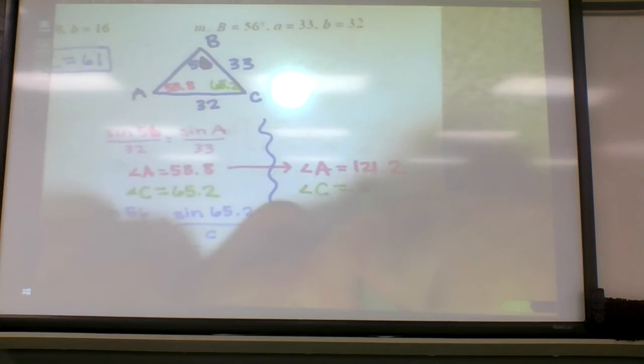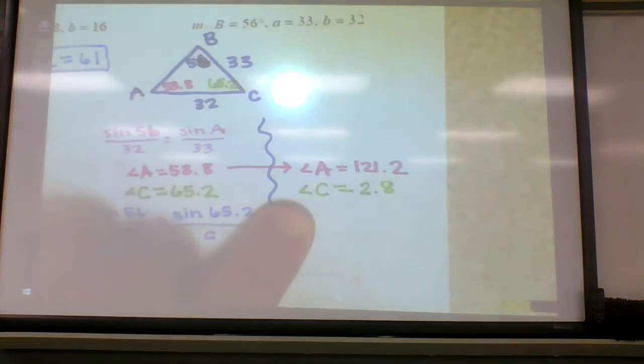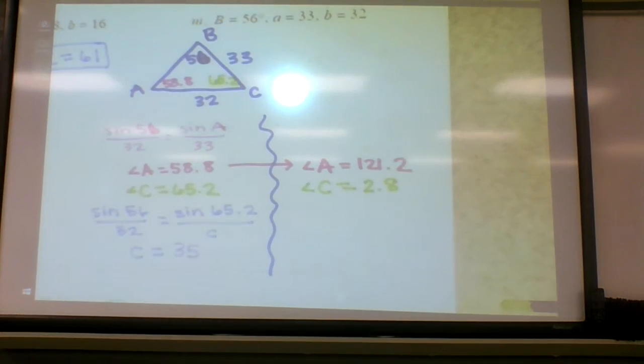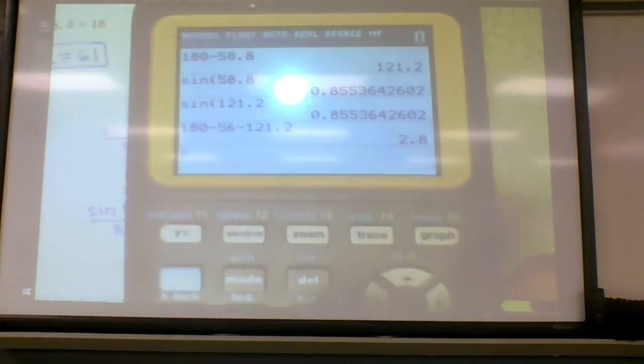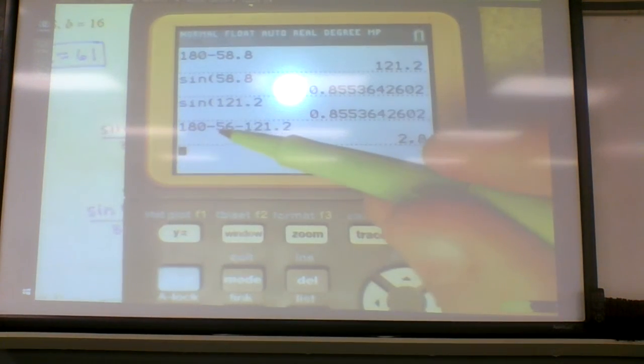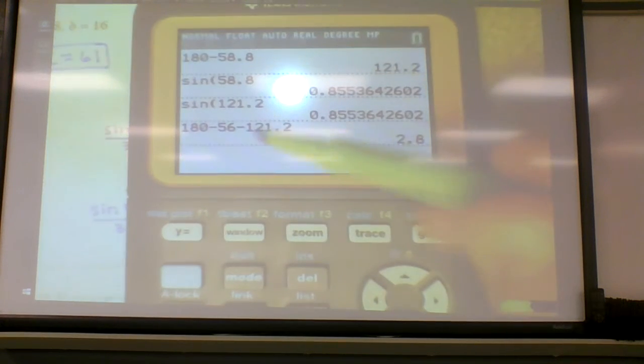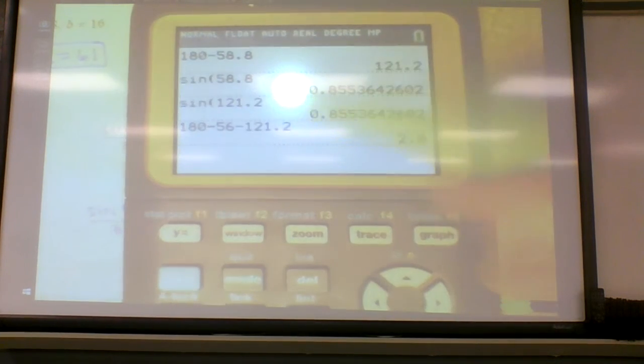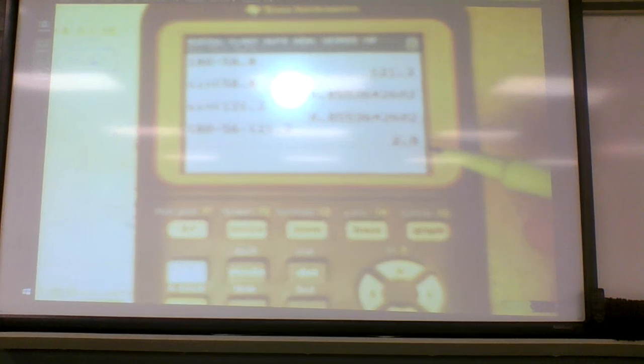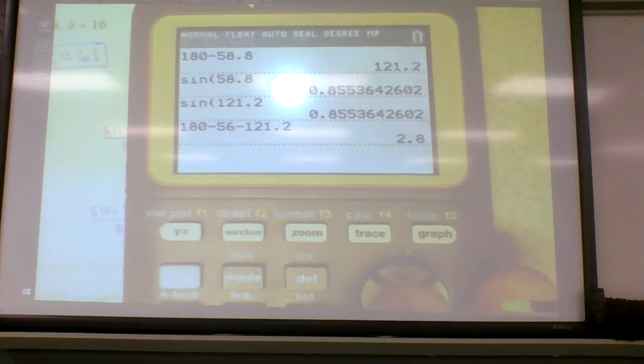And so for angle C, I get 2.8, which is a valid angle measurement, right? I just subtracted the original angle from the question and then the other possibility for A. And so that's the other possibility for angle C.